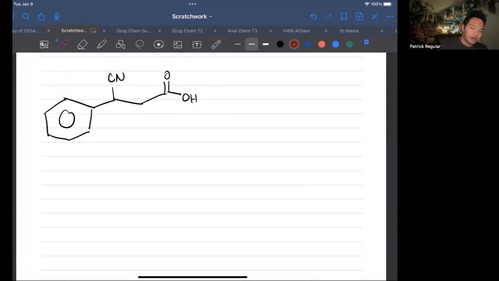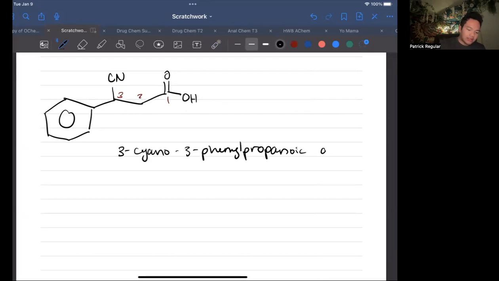So if I were to write this out, the carbonyl carbon's the first carbon, 1, 2, 3. The nitrile group is now a branch group. So it's going to be 3-cyano, 3-phenyl, propanoic acid. There you go.